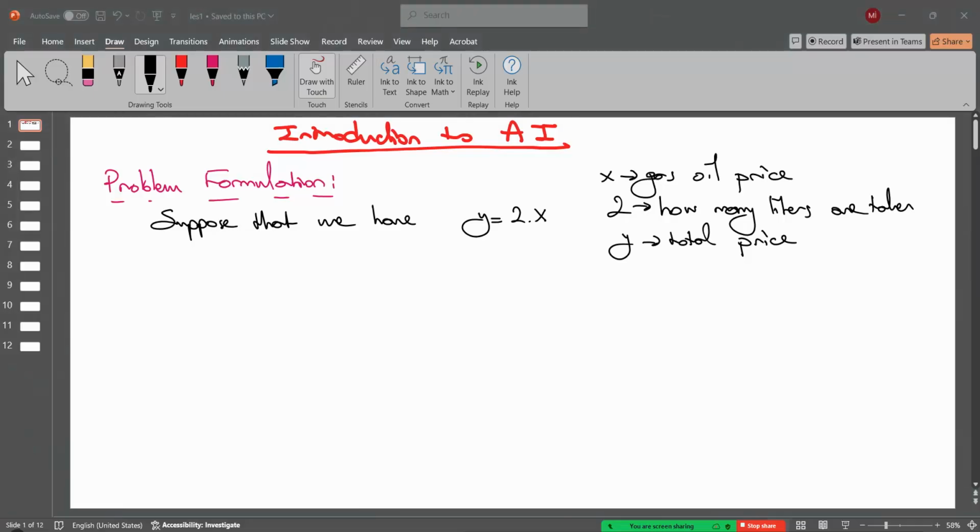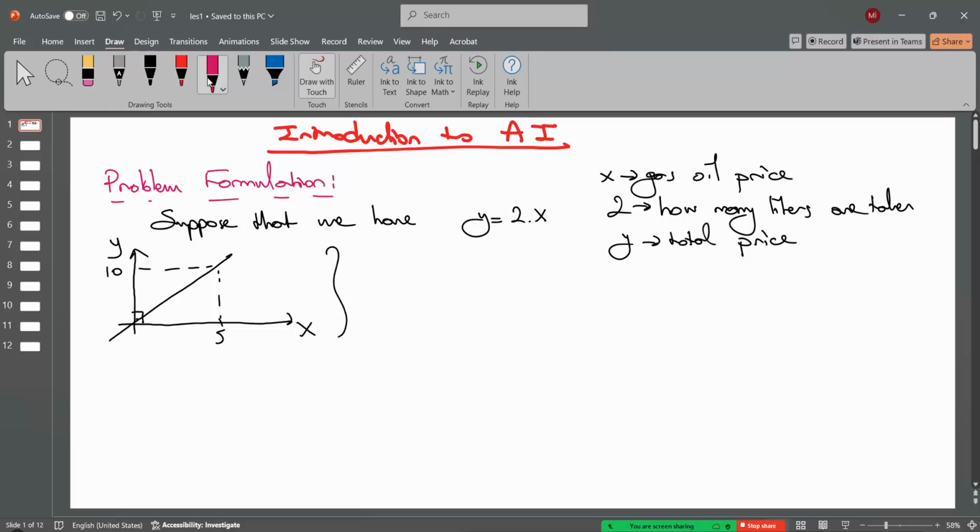Okay, and so in this case we can draw this kind of diagram. First of all, this is the x and this is the y. Okay, and also we can draw this line, for example, this is the 5 and this is the 10. Okay, and this creates a model that we can understand.